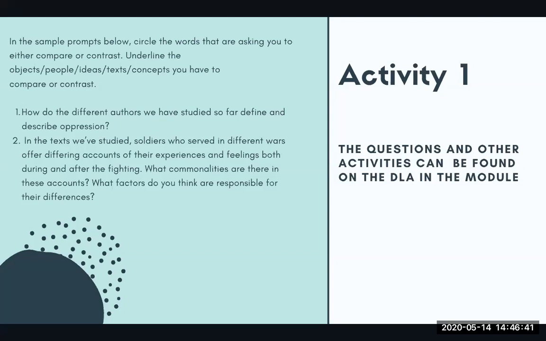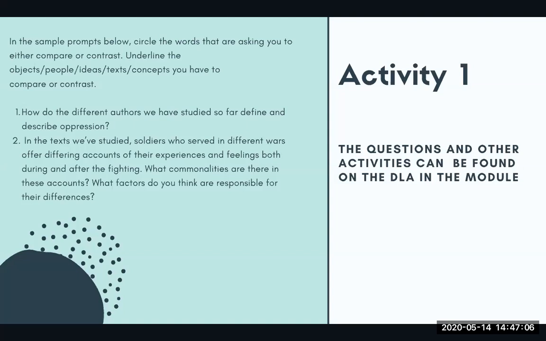For the first question, how do the different authors we have studied so far define and describe oppression? You're going to highlight in yellow the words that are asking you to either compare or contrast, and you're going to highlight in green the objects, people, ideas, texts, or concepts that you have to compare or contrast.